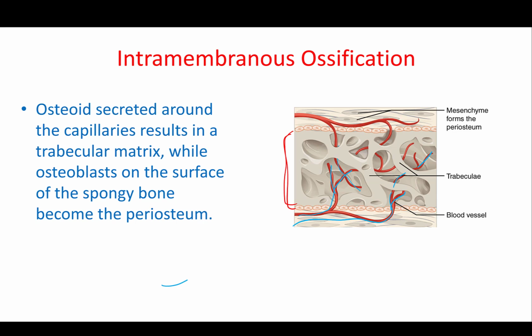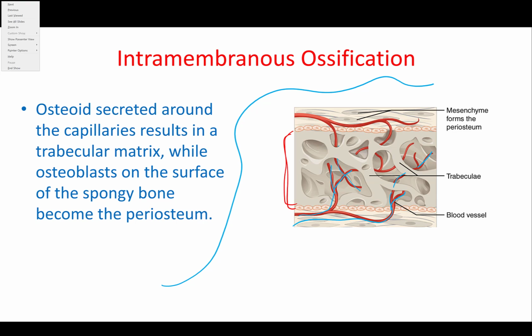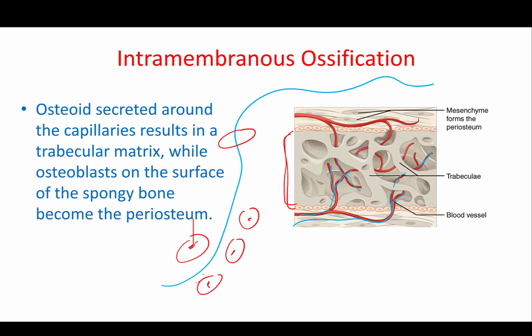So if you have the blood vessel running around, you will have the osteoblasts producing osteoid and turning the osteoid into bone around the blood vessel. So they are not going to say, no, I want to put some osteoid here, so the blood vessel has to change its way.